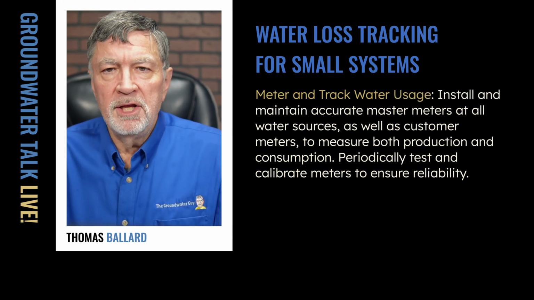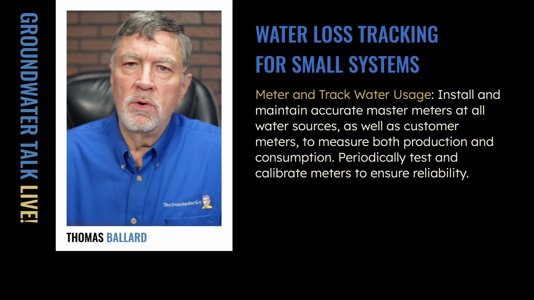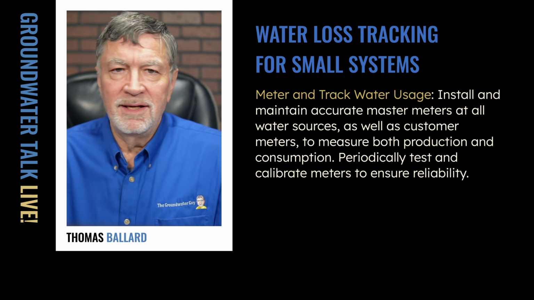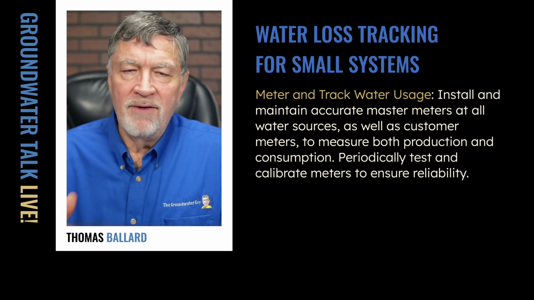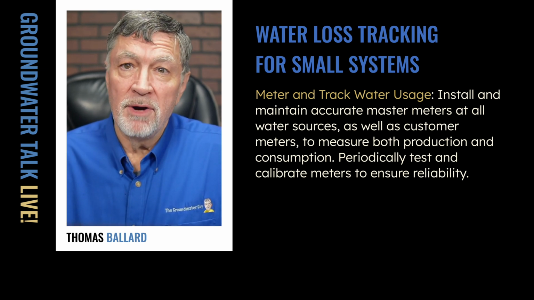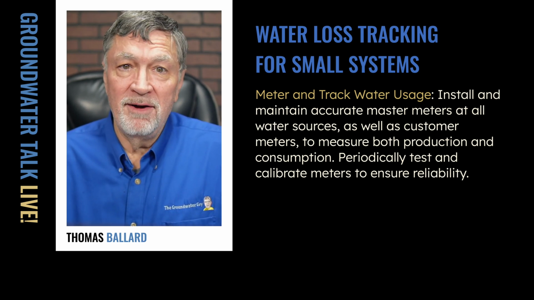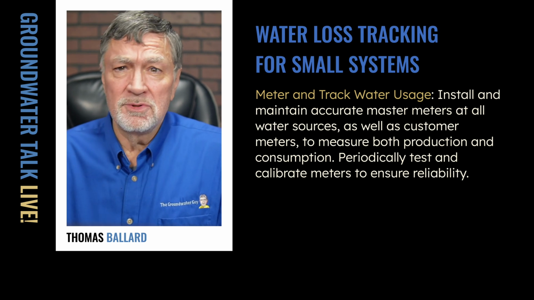All right, meter and track water usage. So I recommend that water systems have all meters. I realize sometimes that's not practical. They don't have to be smart meters, but you need to have meters to get accurate use on water.